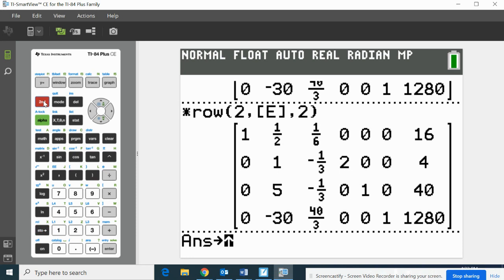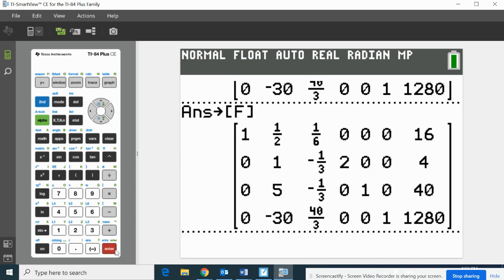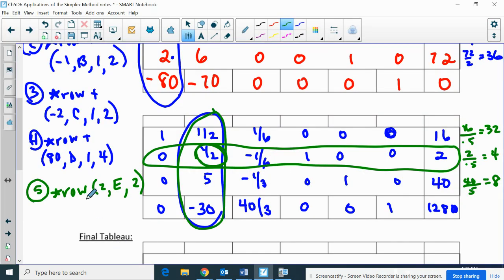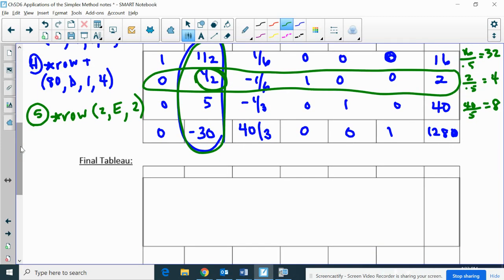Store this, second matrix, to F, and enter. All right, so now I can write that second row into my final tableau. So I need 0, 1, negative 1/3, 2, 0, 0, and 4.